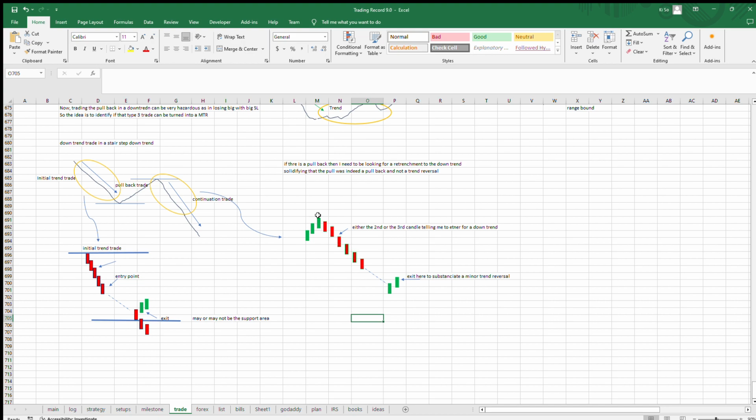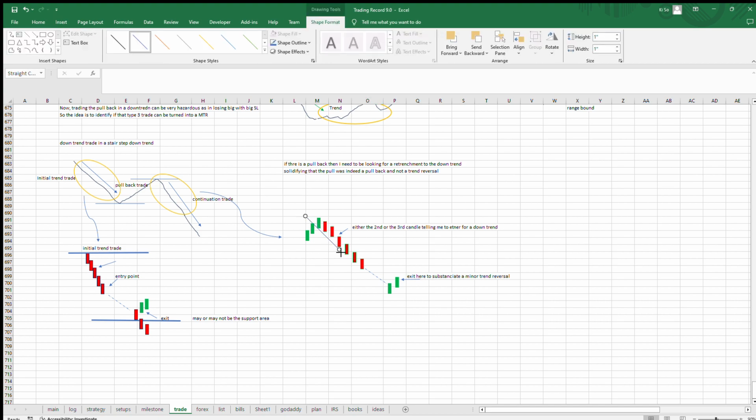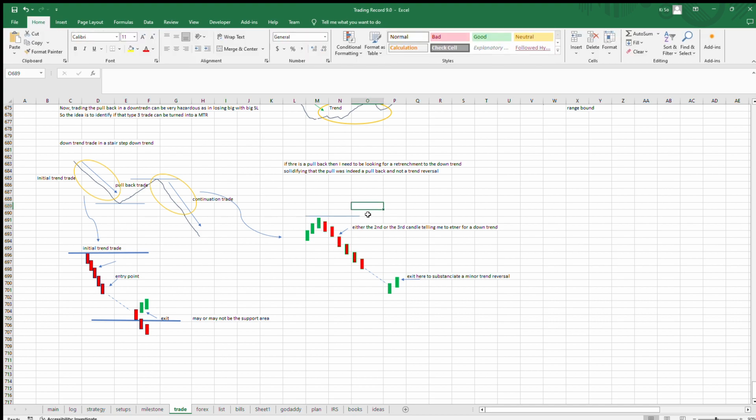So the stop loss is going to be right there, and then here would be take profit. Okay, that's the area where I would be looking at the stop loss and take profit. Stop loss, take profit, entry here, that's what I'd be doing.